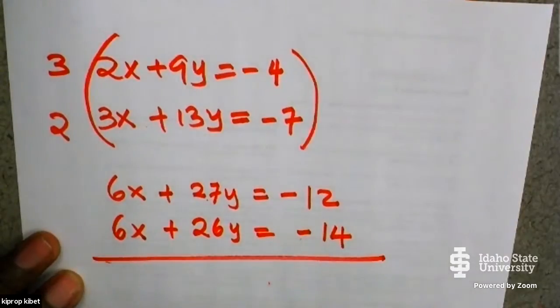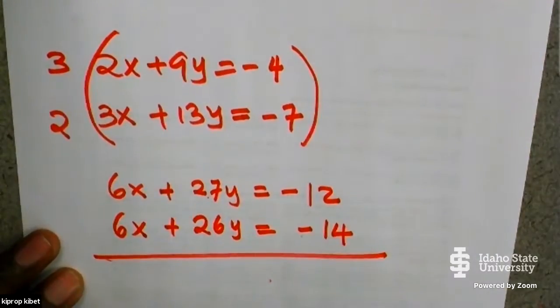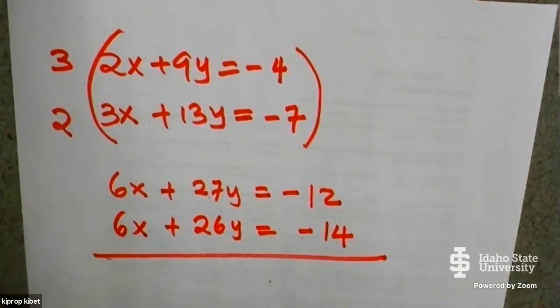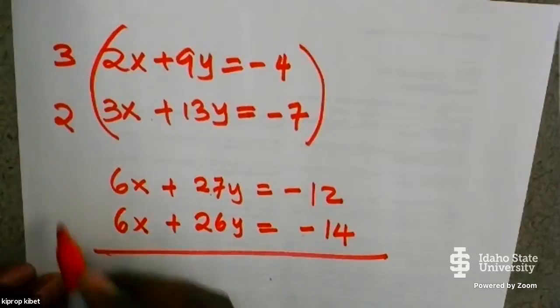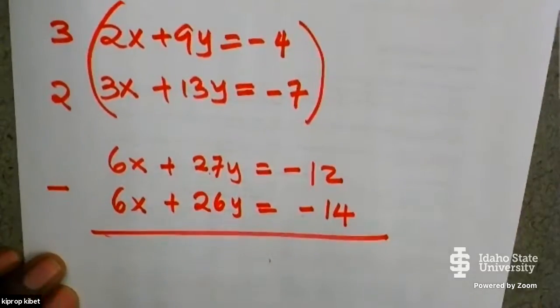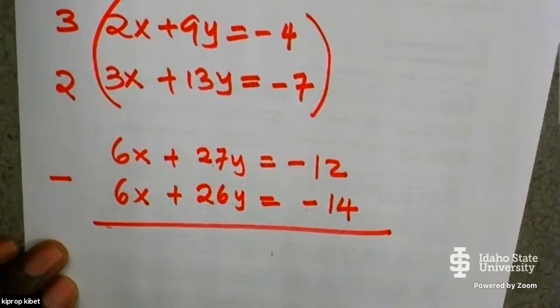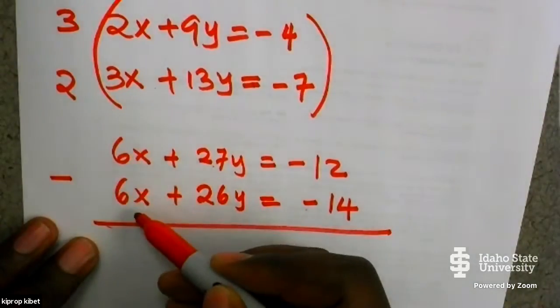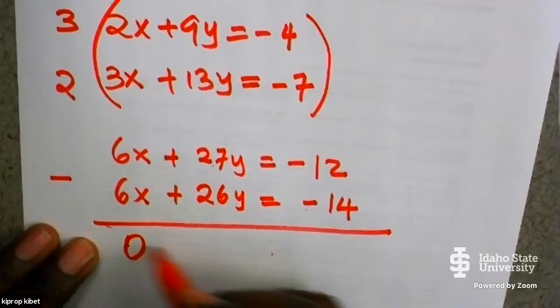Then what do you do? To eliminate 6x, what do you do? You subtract. So you now subtract the two equations. So when you subtract the two of them, 6x minus 6x is 0.